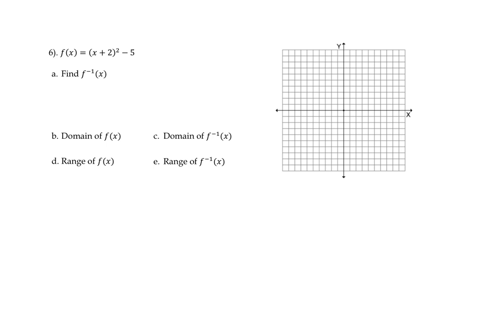Okay, so the first thing I'm going to do is I'm going to graph this original function. This is a quadratic, so its vertex is at -2, -5. It has no reflection, compression, or stretch.